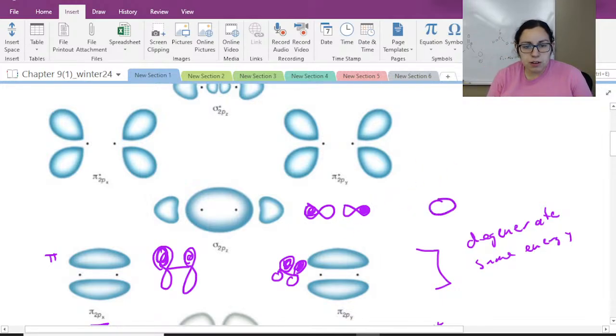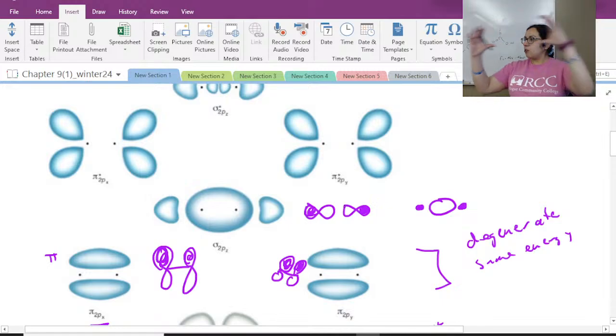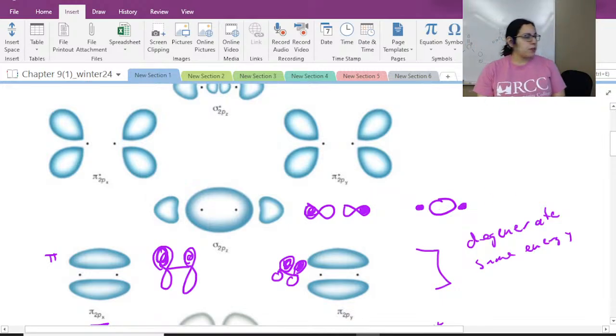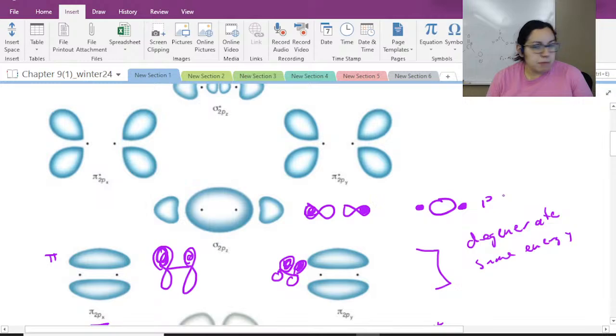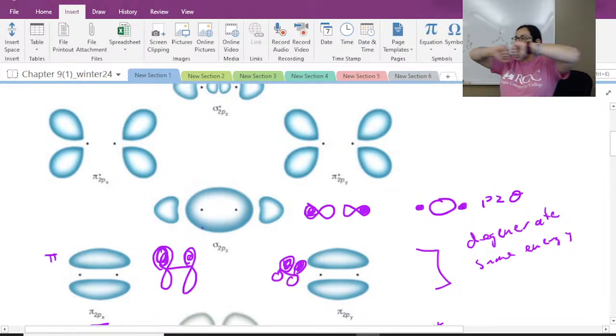Sometimes you see it written like this as well, where they have merged to create your bonding orbital. This would be our pz, but it's a sigma bond, so make sure you label that: our sigma pz bond. Again, it's head-to-head, and sigma describes that head-to-head interaction.